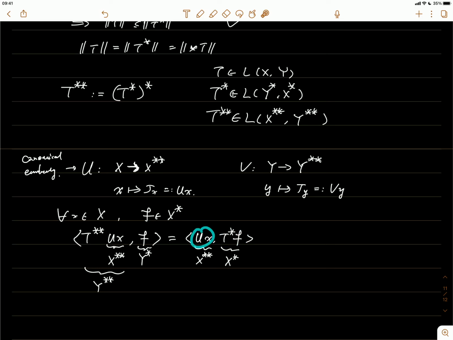This is the canonical mapping, so it's just evaluation. It's just evaluating T star f at the point x. If you treat this as J_x of T star f, it's equal to the evaluation of T star f at x. Because T star is the adjoint operator of T, this is equal to f of Tx.